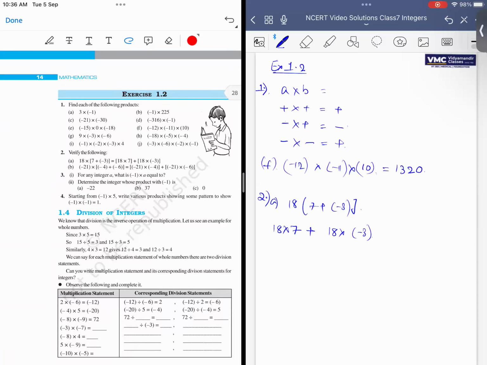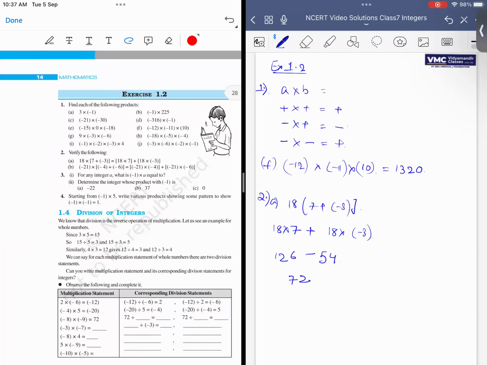So 18 into 7 is 126, plus 18 into minus 3, that becomes minus 54. So 126 minus 54 is 72.